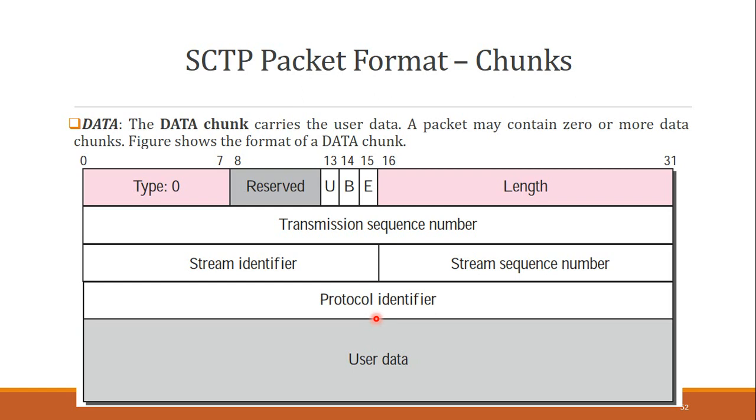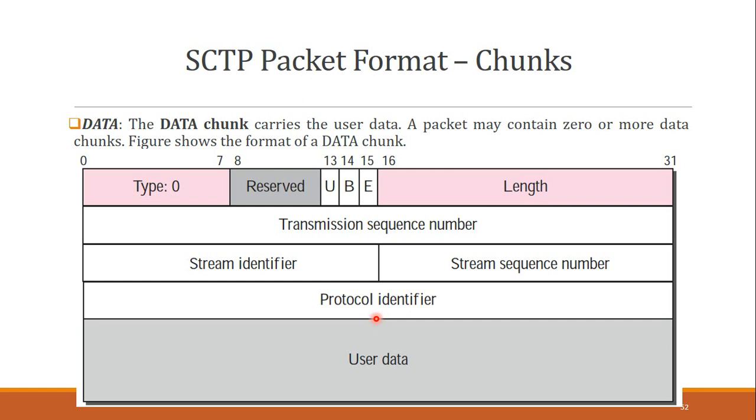SCTP has some specific rules about the user data field. First and foremost, no chunk can carry data belonging to more than one message, but a message can be spread over several data chunks. Second, this field cannot be empty. It must have at least 1 byte of user data. Third, if the data cannot end at a 32-bit boundary, padding must be added.